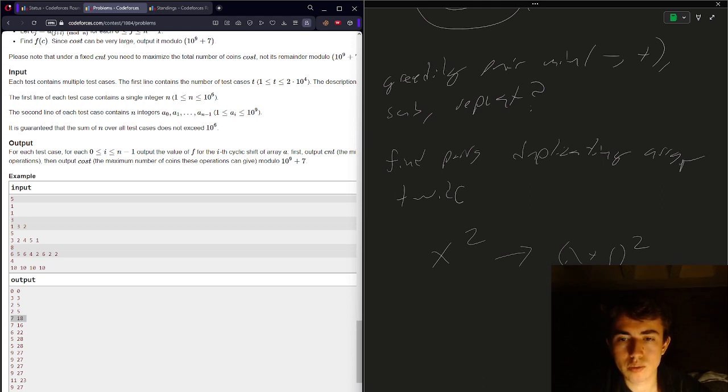it goes to the sum of x squared plus the sum of 2x. Sure.